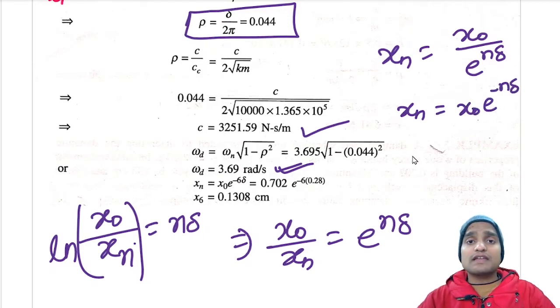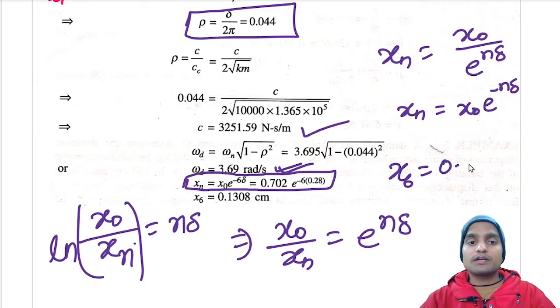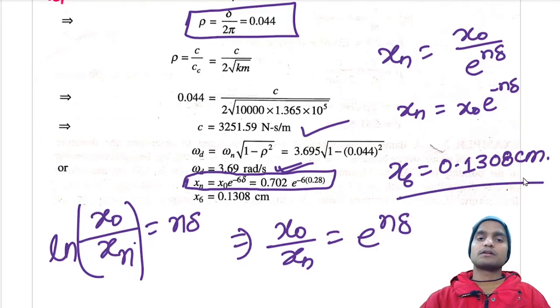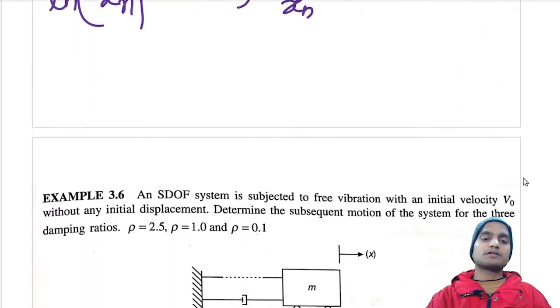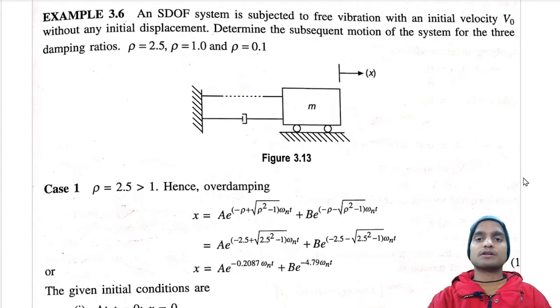Since n value is 6 here and x naught is equal to 0.702 and delta is equal to 0.28, putting all these values in this equation, now we have got the value for x6 and it is equal to 0.1308 centimeter.